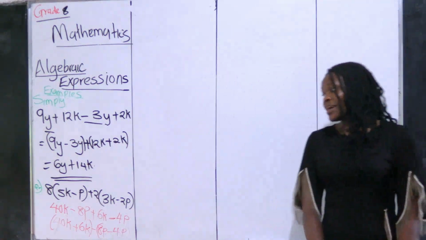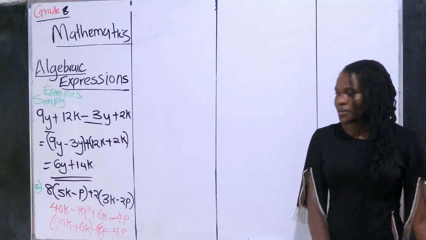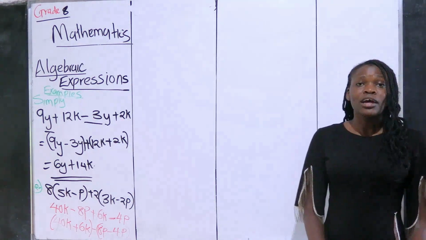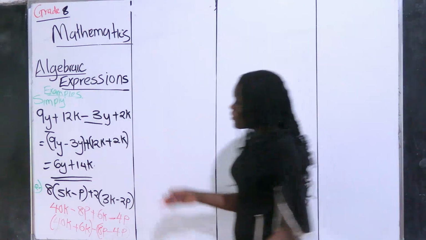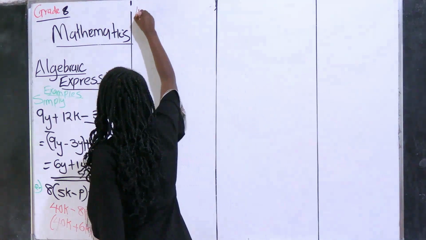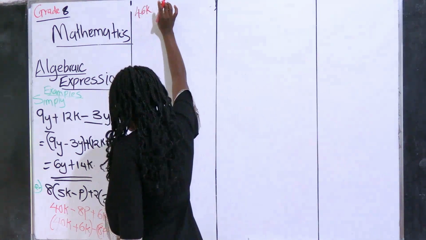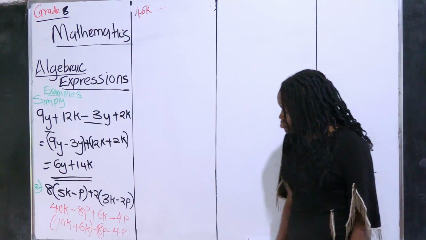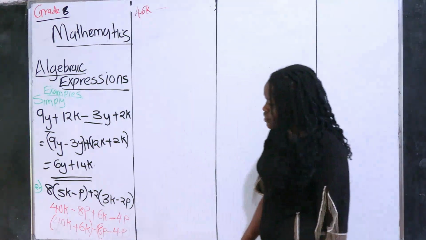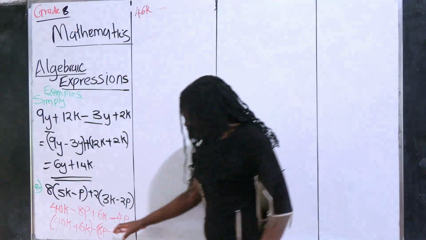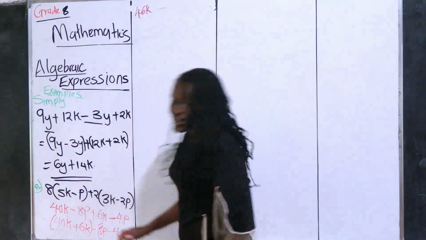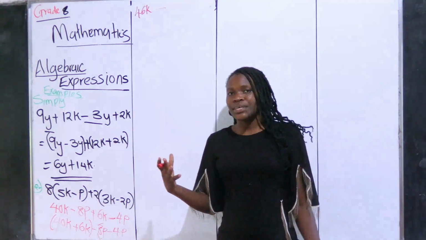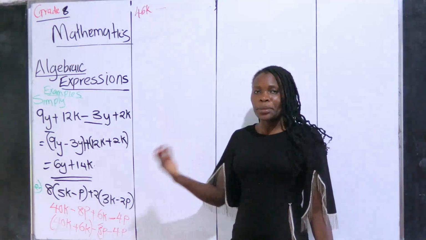So after grouping them, now we can solve them. 40k plus 6k will give me what? 46k. And then I'll have minus 8p, minus 4p.